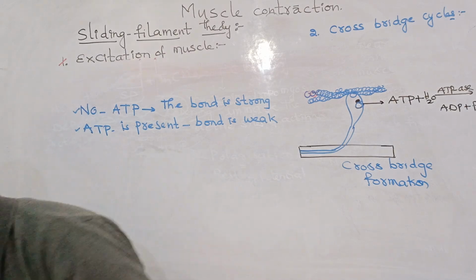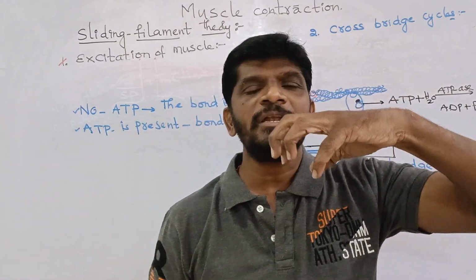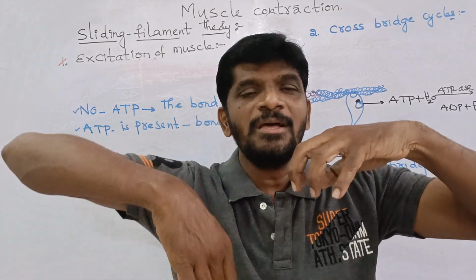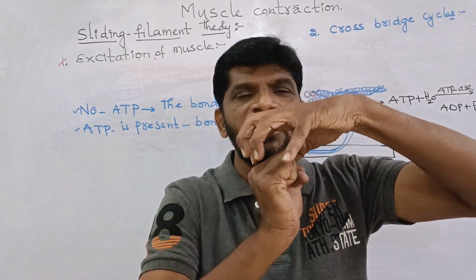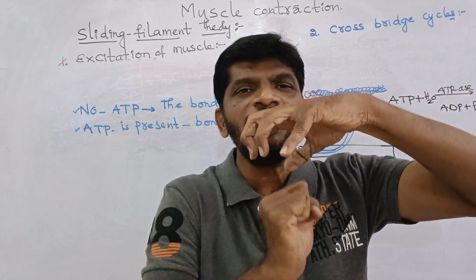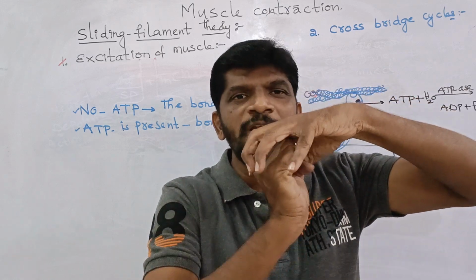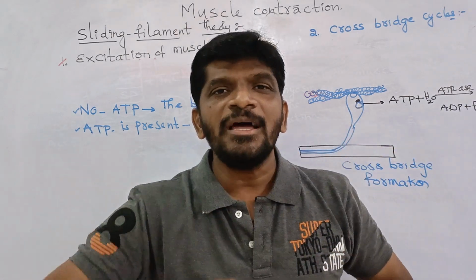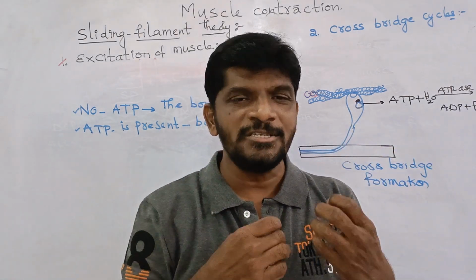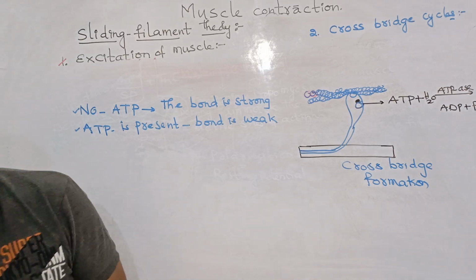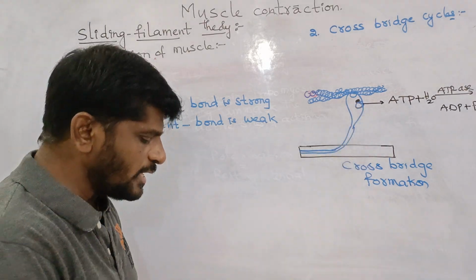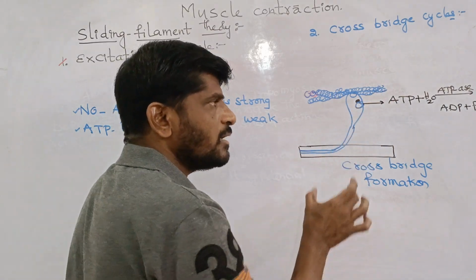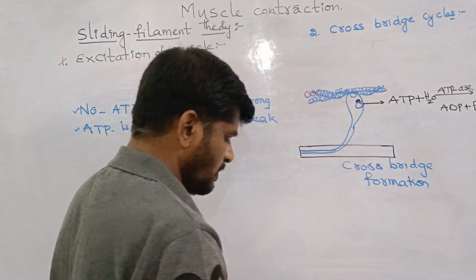This is the active site of the actin, already exposed because the calcium troponin complexes are formed in the thin filament, and the myosin head is binding into the active site. For this orientation, for this movement of the head of the myosin, it needs energy, and that energy is provided by the hydrolysis of the ATP. After the hydrolysis of the ATP, there is still inorganic phosphate and the ADP molecule in the head of the myosin, but this is the cross bridge formation.